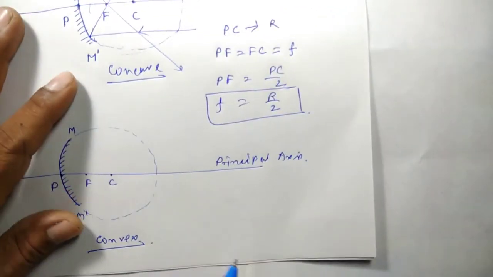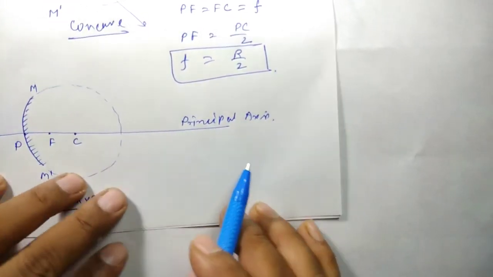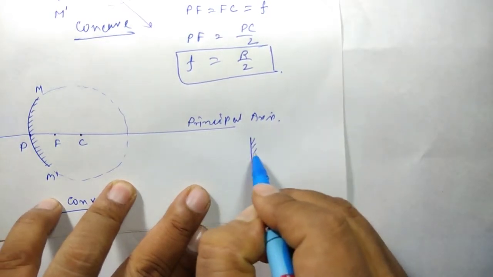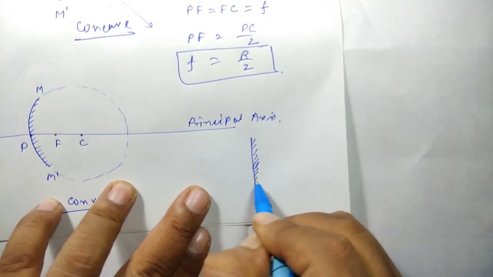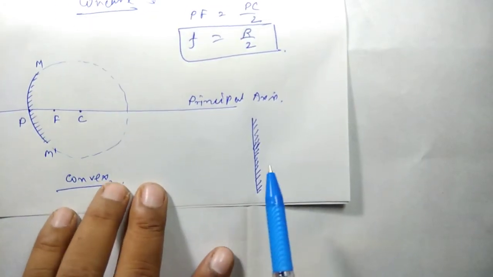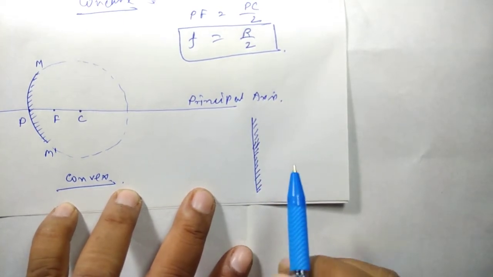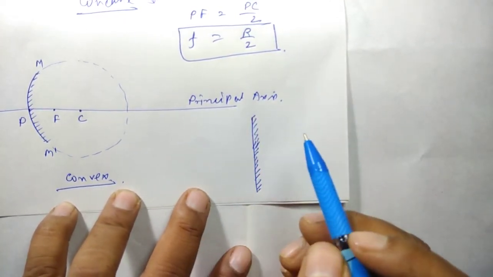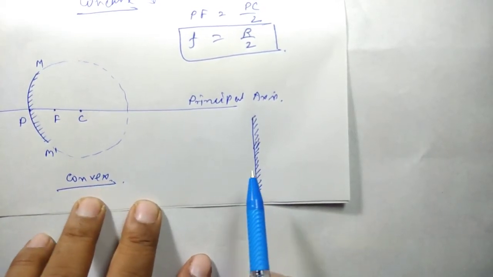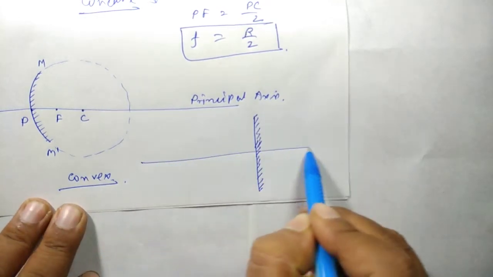Okay, that's all for today, and I'll finish it off with one small point. As we all know, the plane mirror, right? As we all know, a plane is a part of a huge sphere. That means a plane mirror can also be considered as a spherical mirror of infinite radius.